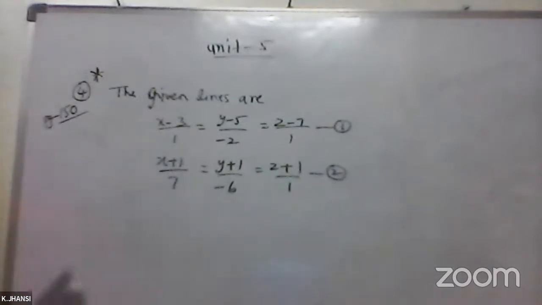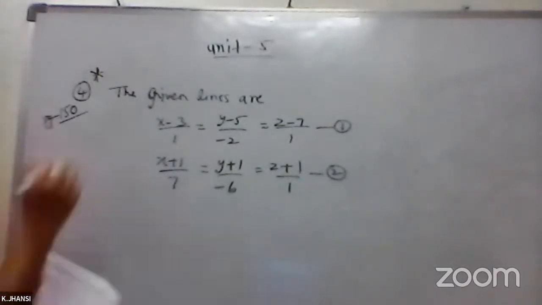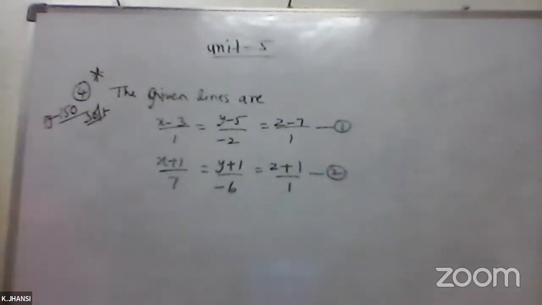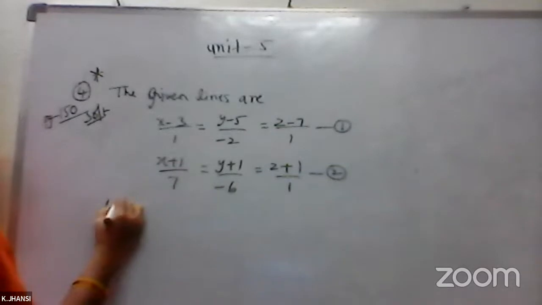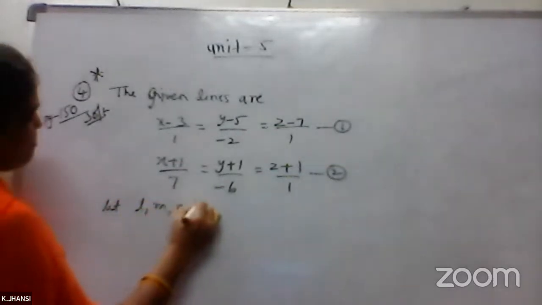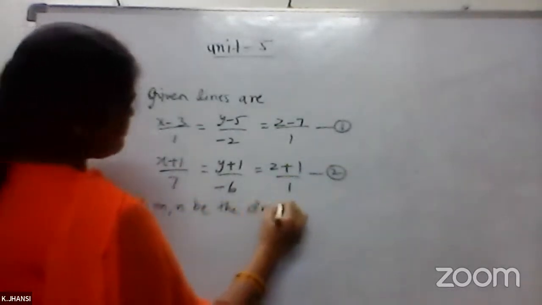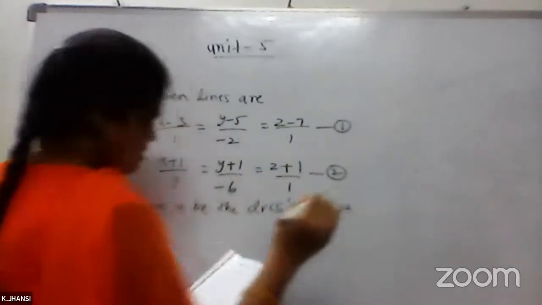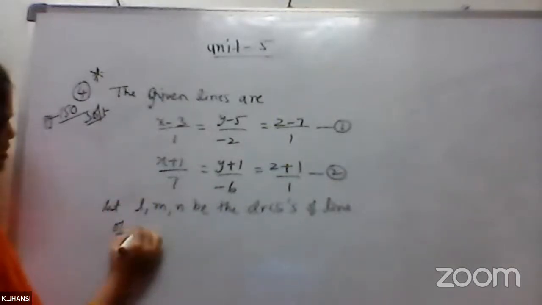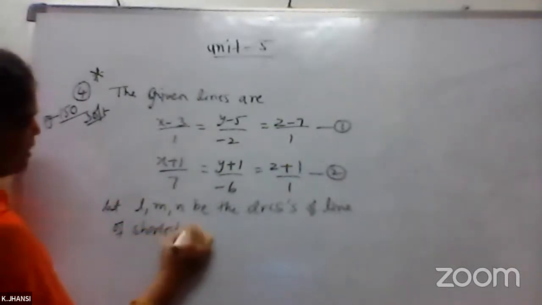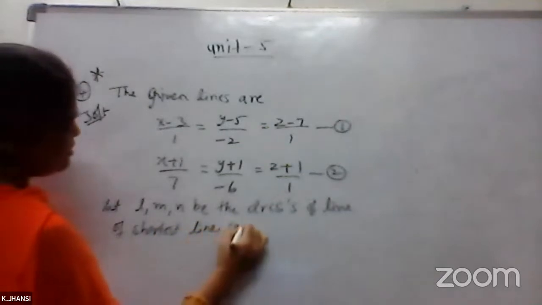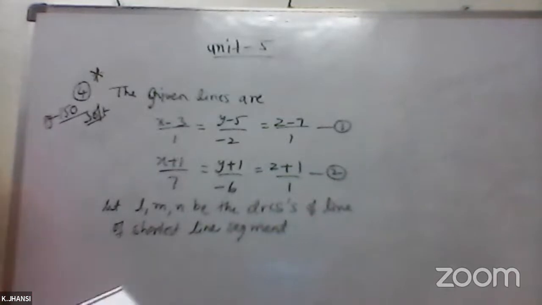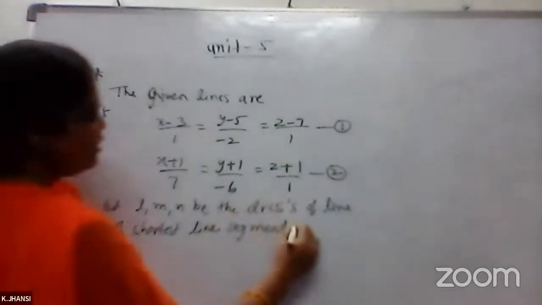Okay, so steps you have to write compulsorily in the examination, don't do the problem directly. After that, let L, M, N be the direction cosines of the shortest line segment between 1 and 2.